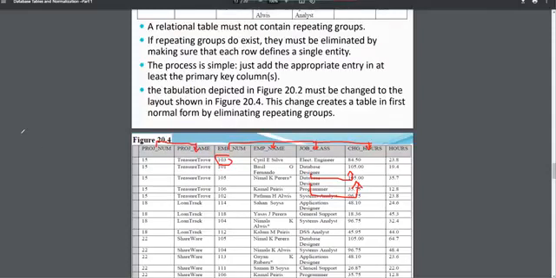These two fields can be used to produce a uniquely identified record.